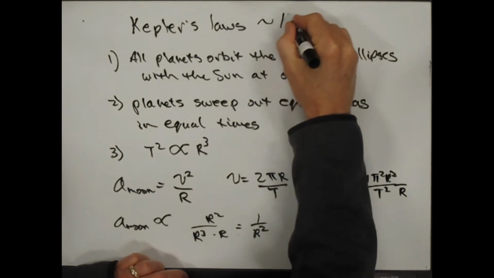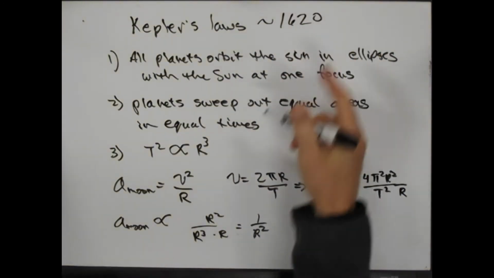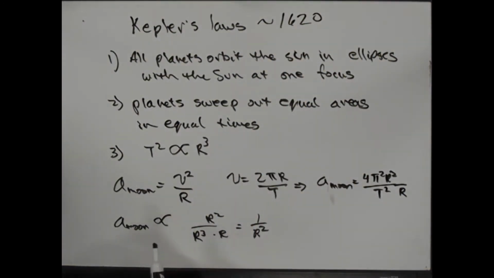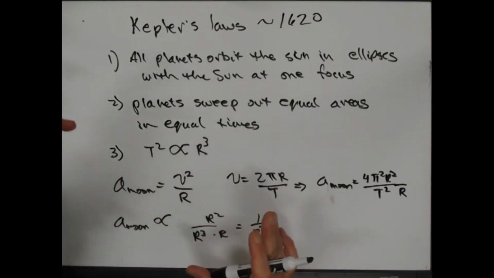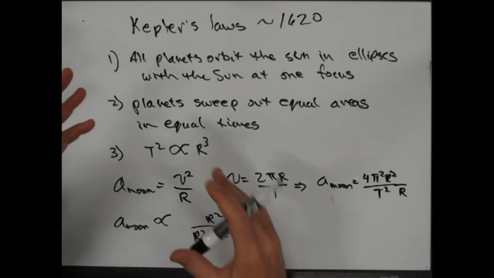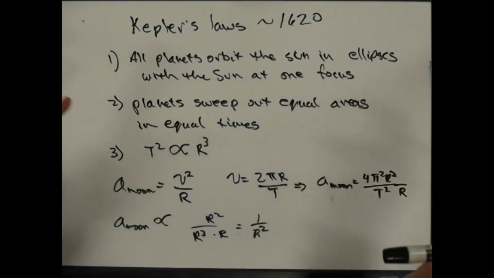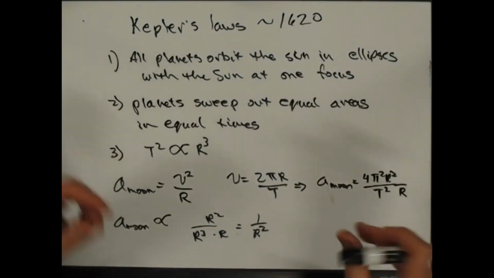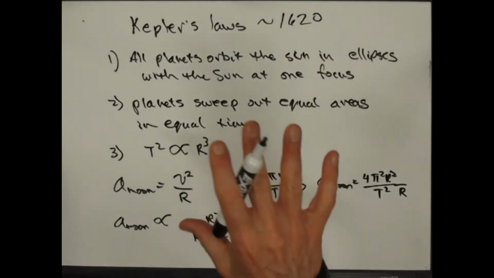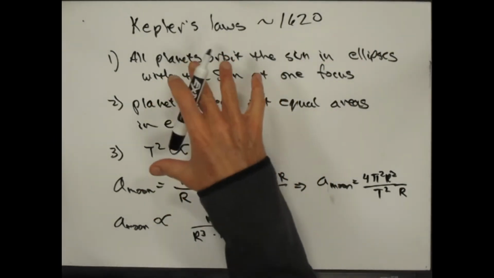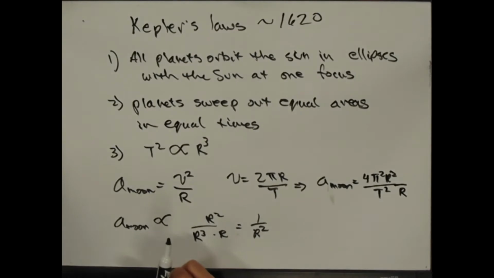These were known around 1620, and Newton was born in 1642 and did all his work later. He invented his three laws of motion in 1666, and so that's sort of when his professional career began, and he lived till 1727. So Kepler's laws were already known. They were already really understood and accepted by the time Newton came along.